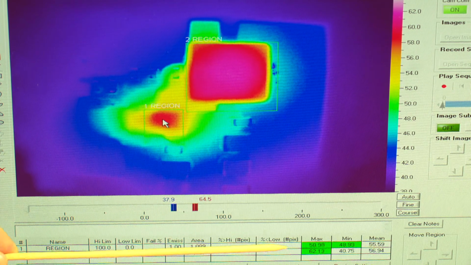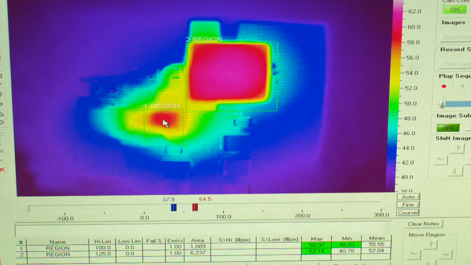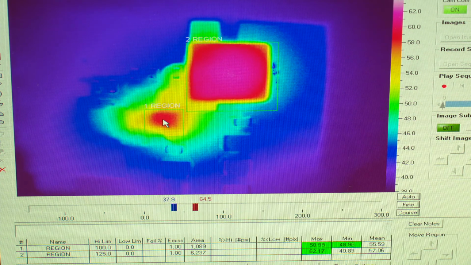So if we look at the 60 degrees C, and then we divide by the power dissipation that we can find on the datasheet for 12 volts to 3.3 volts at 400 kilohertz switching frequency, we find out that the power dissipation is around 2 watts.